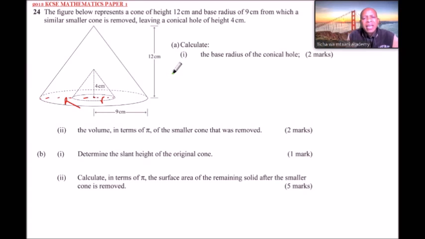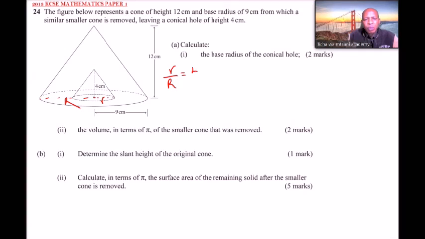If we start with the small r, we say that the small r divided by the big R, the radius of the big cone, is equal to the corresponding height. The height of the small cone is 4, and the height of the big cone is 12.